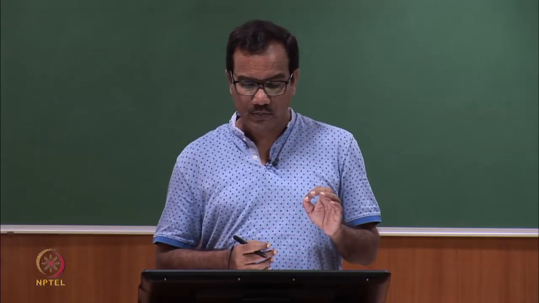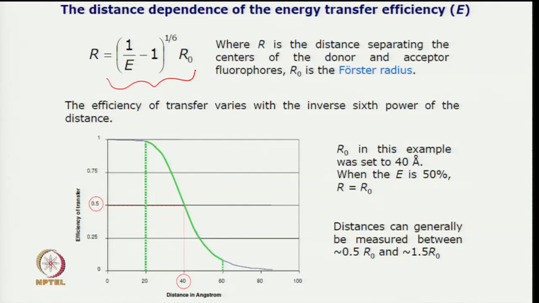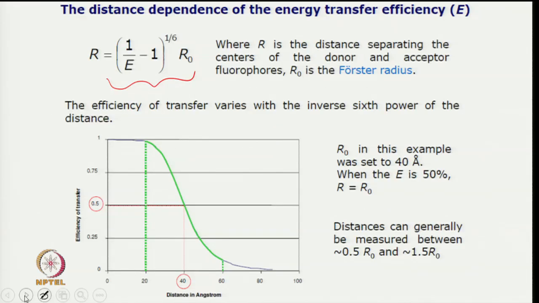So, R is given in terms of R naught and E by this equation, and this is basically derived from E equals R naught to the power 6 divided by R naught to the power 6 plus R to the power 6. First, what is R naught?